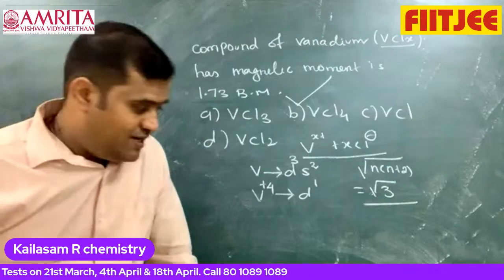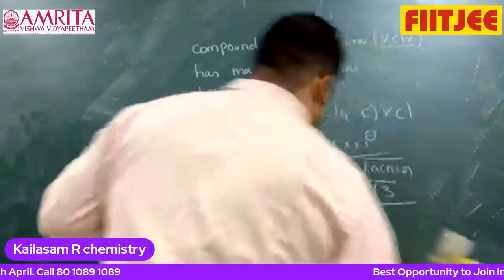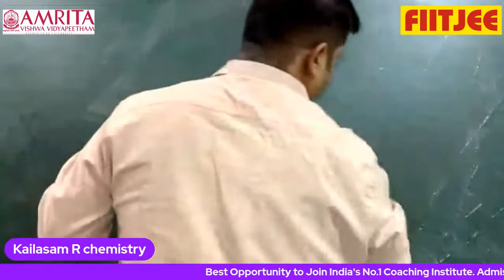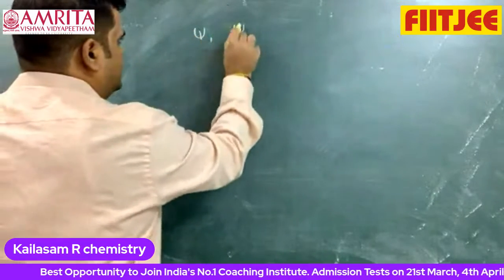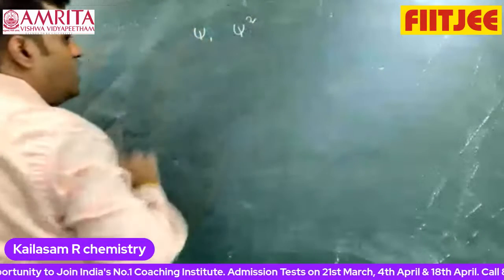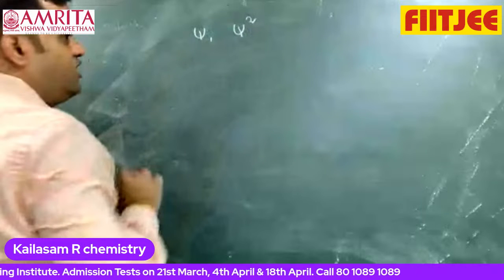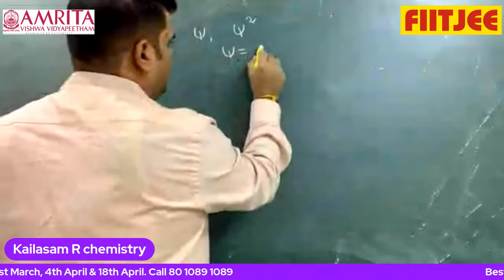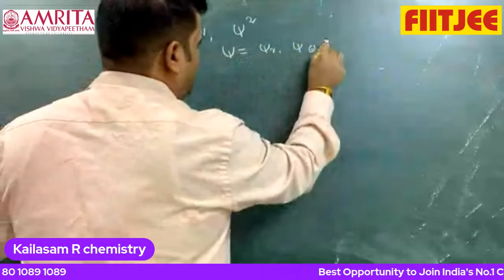Another important part. What is that? I just want to talk about that. Now, a very simple thing. Listen: psi and psi squared. Psi is called the wave function. Psi squared is called the probability density. That means psi depends on r, theta and phi.